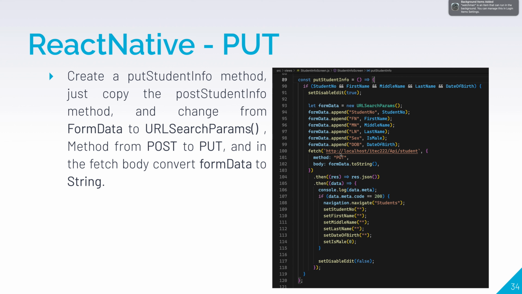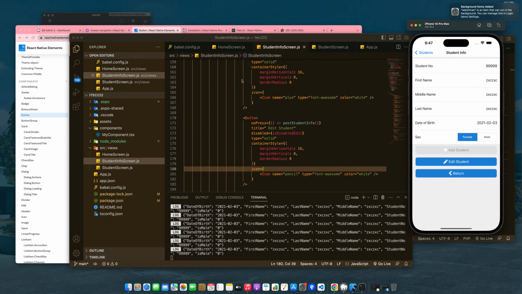Then let's also create a put student info method. You can just copy paste the post student info method and change from form data to URL search params. Then change the method from post to put, and in the fetch body convert form data to string. Let's do so.